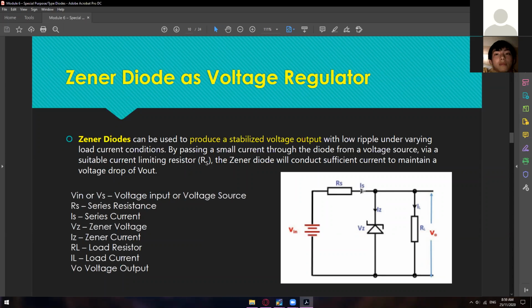IS is the series current. VZ is the Zener voltage. IZ is the Zener current. RL is the load resistance or load resistor. IL is the load current. And lastly, VO is the voltage output.